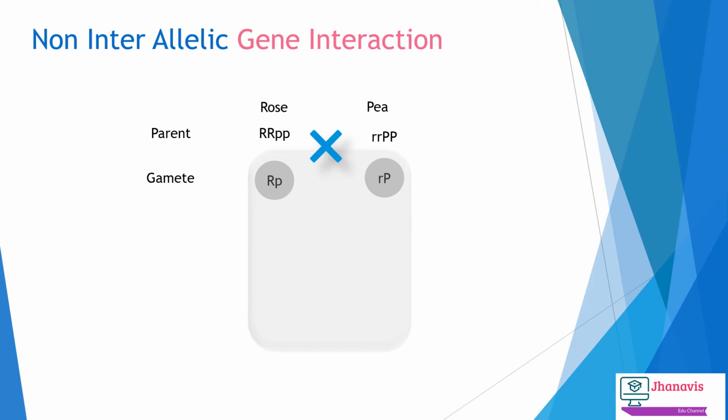When these two are crossed with each other, we get an F1 generation with a new type of character called walnut, with capital R and small r, capital P and small p. So again there is a deviation from the Mendelian law. According to Mendel's law, we should have got either the rose comb pattern or the pea comb pattern, but surprisingly, once again we got something different, which we call walnut, with capital R, small r, capital P and small p, as the F1 generation.